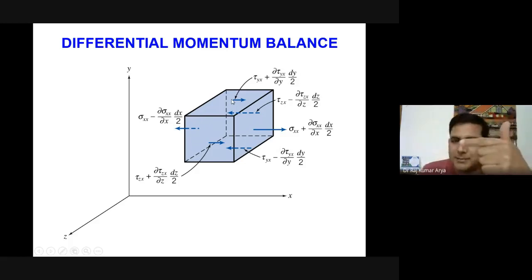Why is it so? Because the direction of the motion is plus, and the direction of the plane is plus y. Both are plus, therefore the sign is taken to the plus side.